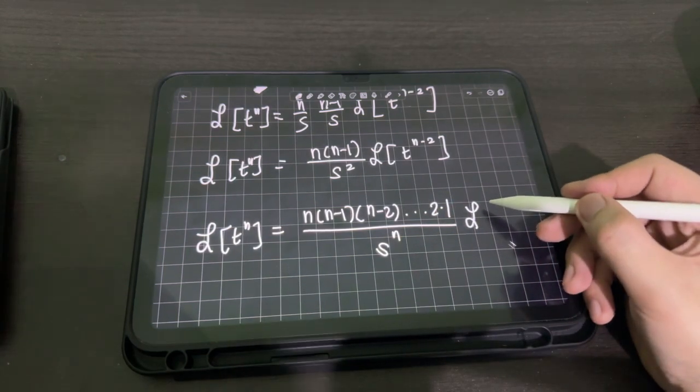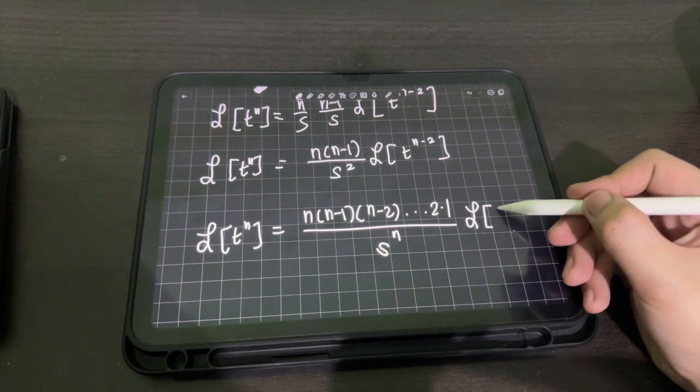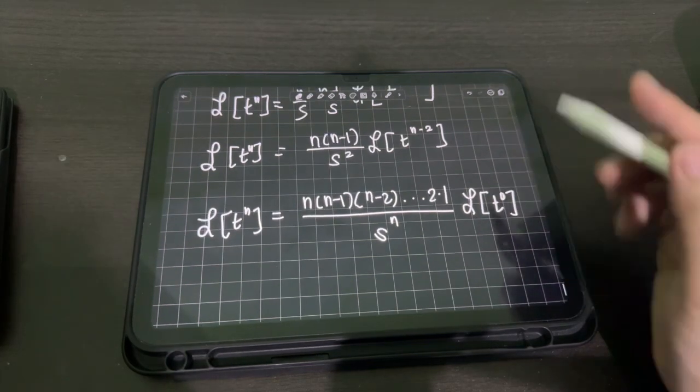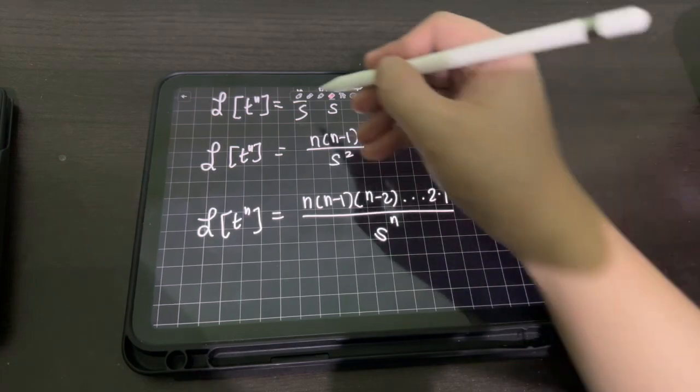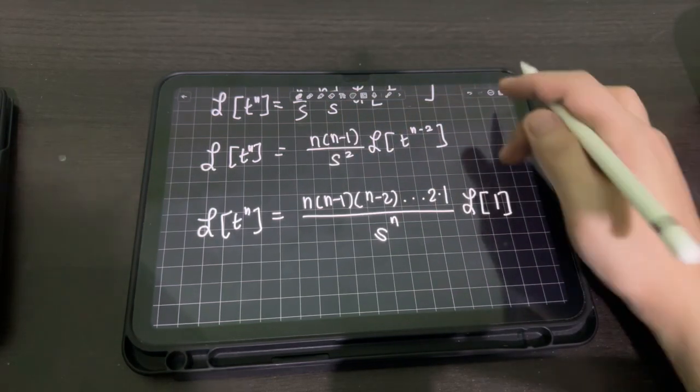Then the last Laplace transform that we will have is t to the 0, right? But t to the 0 is equal to 1. Okay?